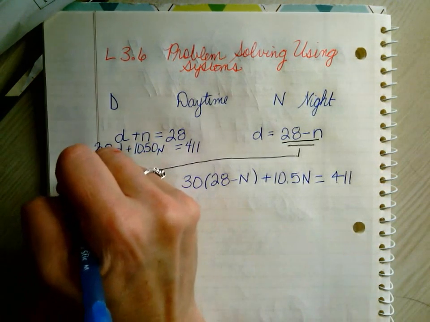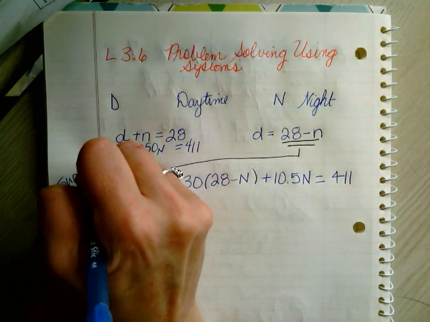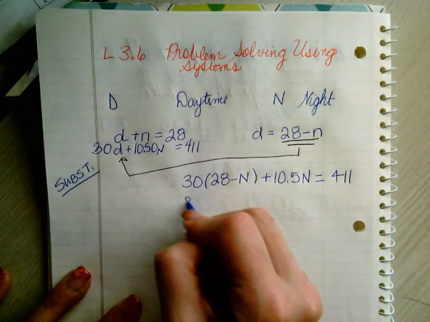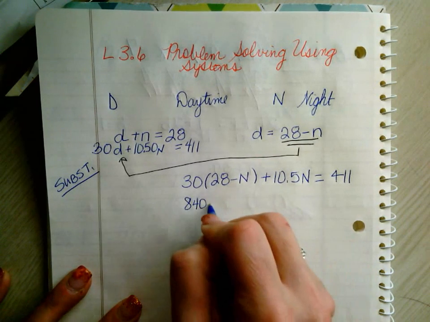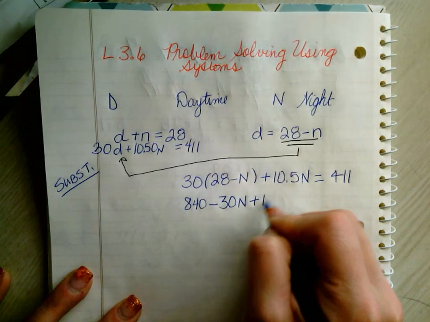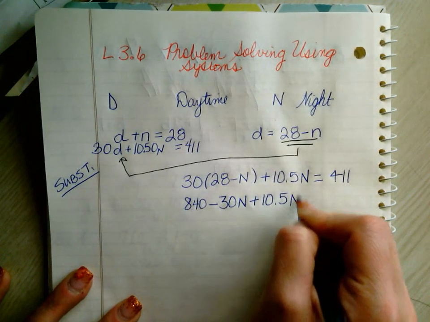So we used substitution. We can solve from there, ending up with 840 minus 30n plus 10.5n.